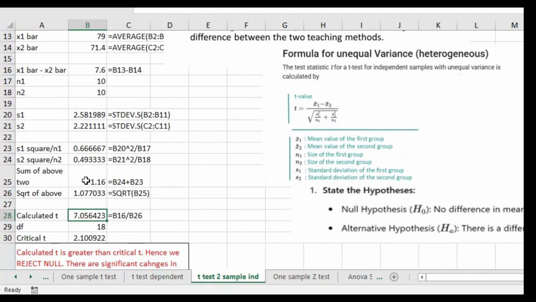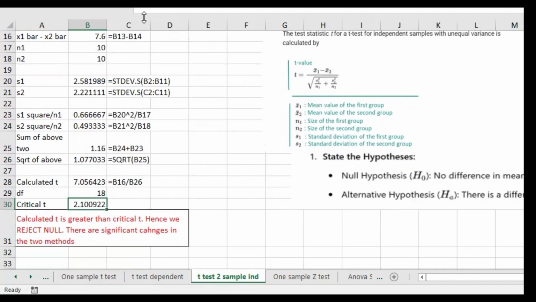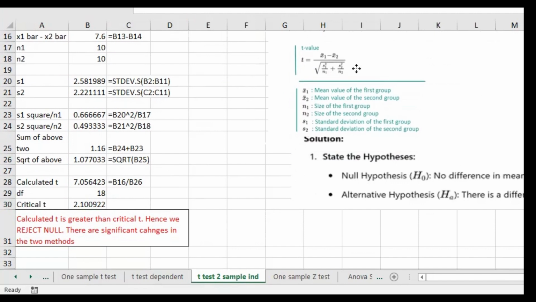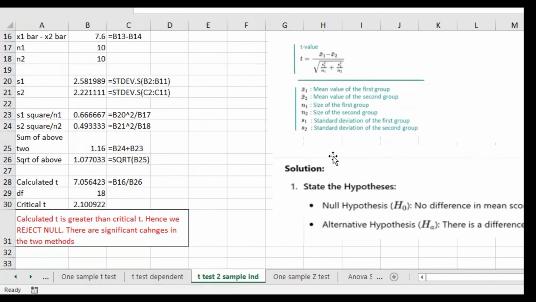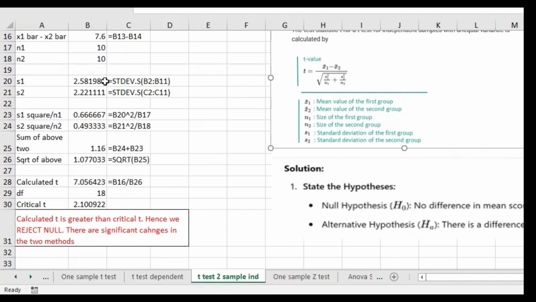And critical, we have to use the formula as usual, or use the T table. Now you see calculated is 7 something. Critical is 2. That means calculated is to the right side of the critical.